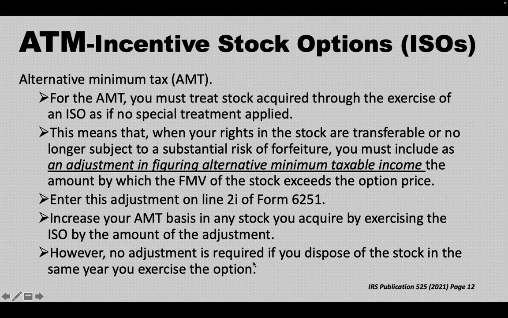They also mention that no adjustment is required if you dispose of the stock in the same year as you exercise the option. So basically, if you exercise your stock option and then turn around and sell it, you no longer have the favored tax treatment, so you would recognize ordinary income in your regular tax.